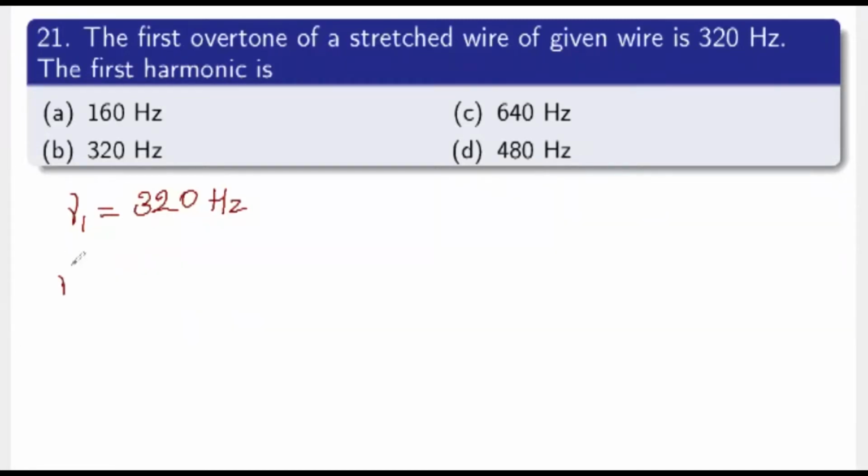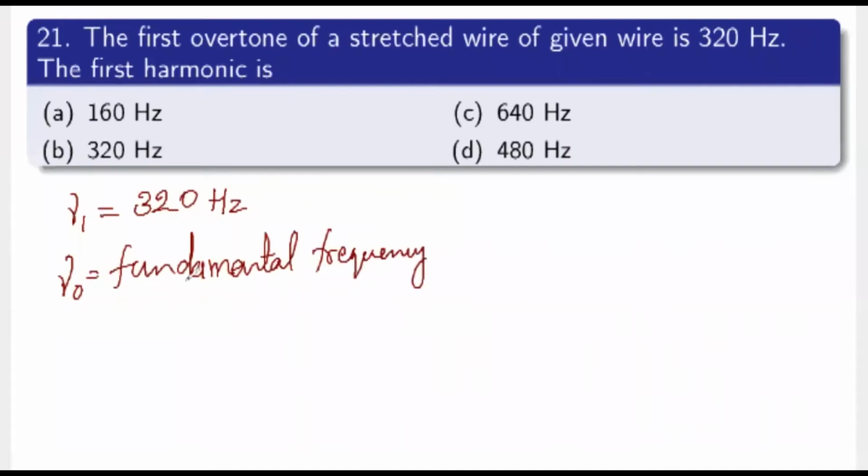So let's say nu naught is the fundamental frequency. Then what is the relationship with the first overtone? In the case of both ends fixed, we get first overtone nu1 equals 2 times nu naught, as all the harmonics are present in a stretched wire. So what is given here?